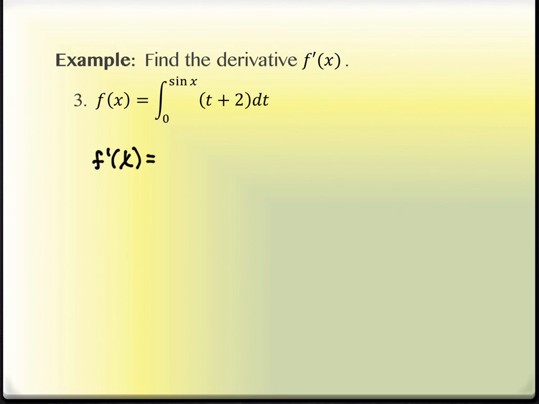You replace the variable with this upper limit of integration, sine of x plus 2. And if that upper limit of integration is not just x, you have to multiply it by the derivative of it. Derivative of sine of x is cosine of x. Which means all I had to really do was sine x, cosine x, plus 2 cosine of x.